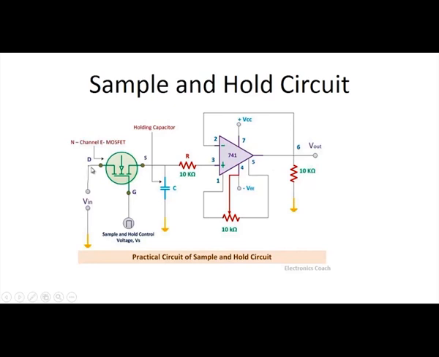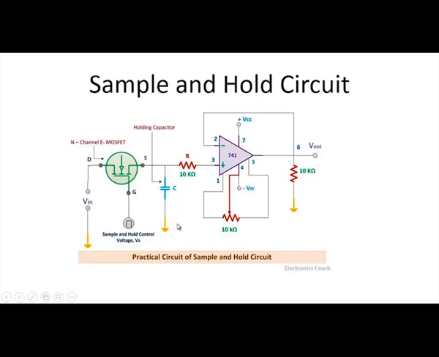So, the input voltage is given to the drain terminal of the enhancement mode MOSFET, and the control voltage is given to the gate. Whenever the control voltage is positive, the gate is on and the switch is on. So, when the switch is on, the capacitor charges instantaneously to the input voltage, and when the control voltage is off, the switch is also open.